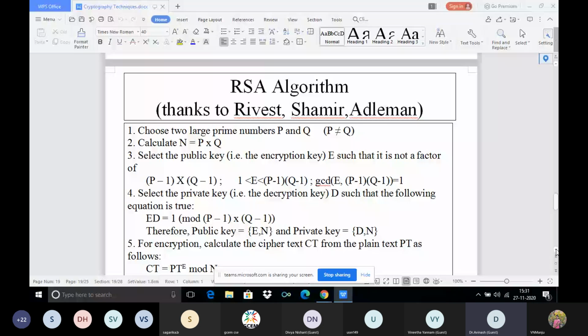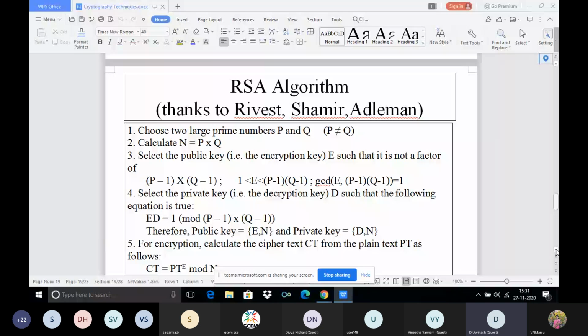Then we have to select the public key. The public key is the encryption key, such that it is not a factor of P minus 1 multiplied by Q minus 1. In this way, we have to find the greatest common divisor.